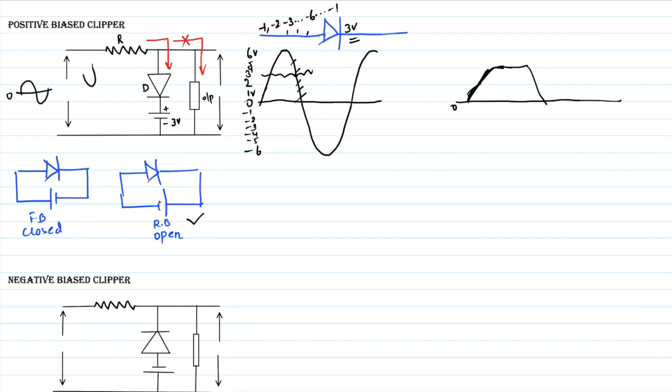All the voltage levels are negative compared to the cathode's voltage. So the diode will become open, no current will flow across this diode, and all the current will flow across the output path. So you will get an output.